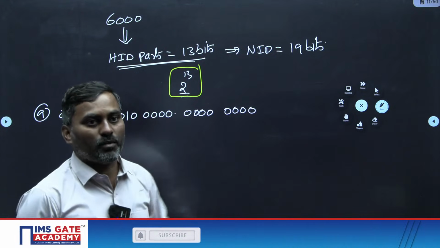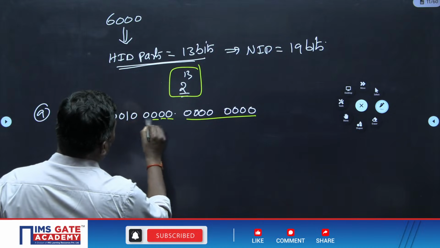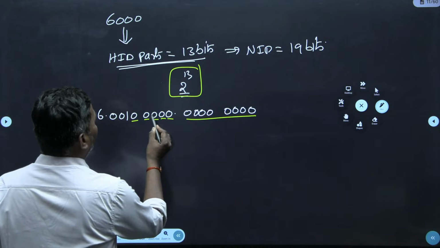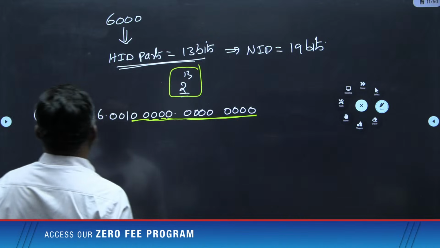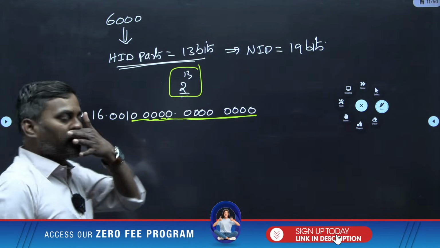Here 8 bits are 0, then 9, 10, 11, 12, 13. The least 13 bits are 0, therefore this is a suitable option and it is possible to give to the organization.